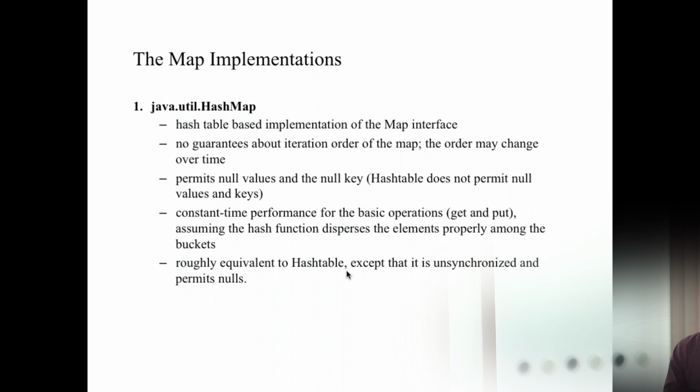And then there are some other properties. We know that we have a Hashtable as well, but in the Hashtable you cannot enter null values. However, the HashMap allows you to enter them. These are just the different characteristics of these.